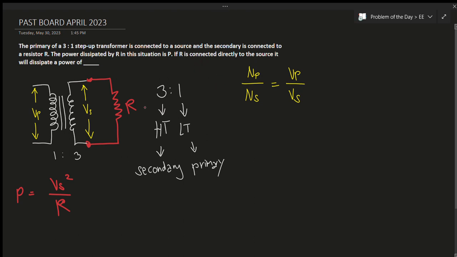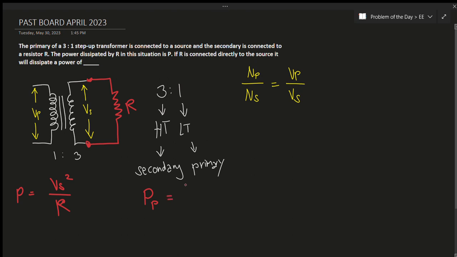Now we are required to solve for the power dissipated if this resistor R is connected directly to the primary voltage. Let us denote the primary power as Pp.